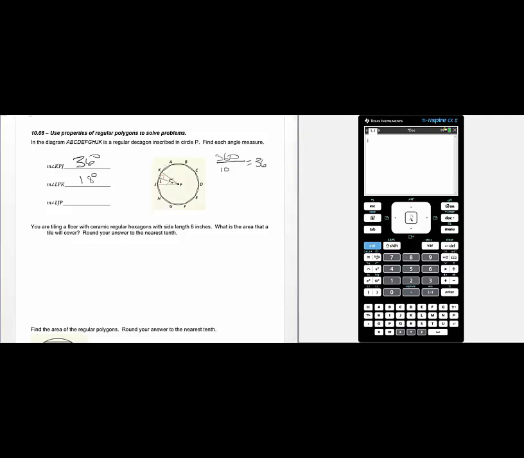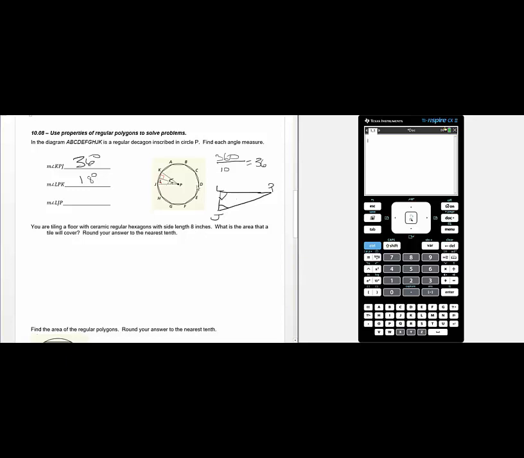Lastly, we'll look at angle LJP, so L to J to P, that's this angle right here. Maybe it's easier to look at if you draw a zoomed-in picture of this. This is a right angle, this is L, that's P, this is J, and we're looking for this angle here.